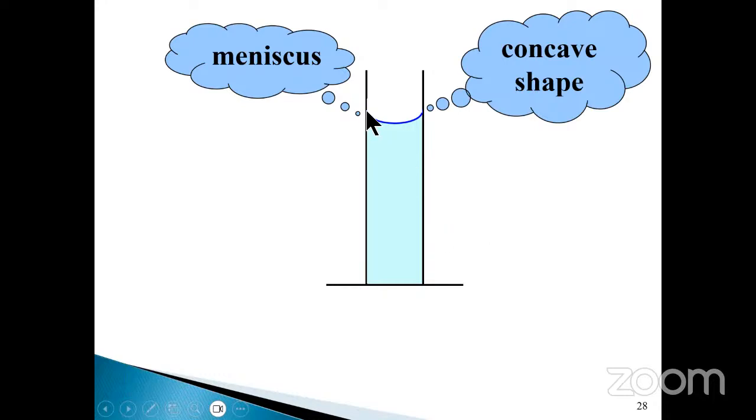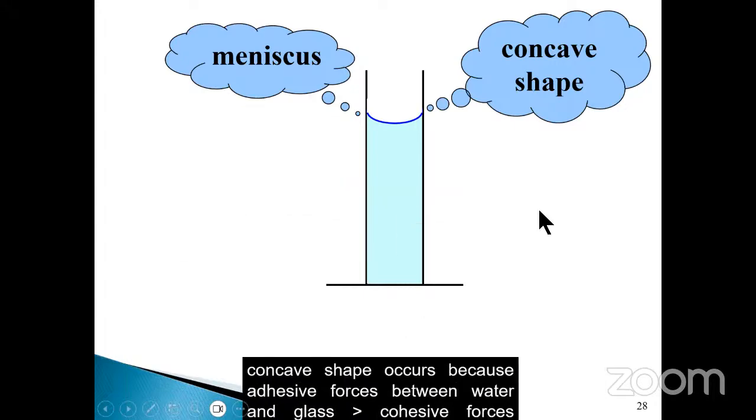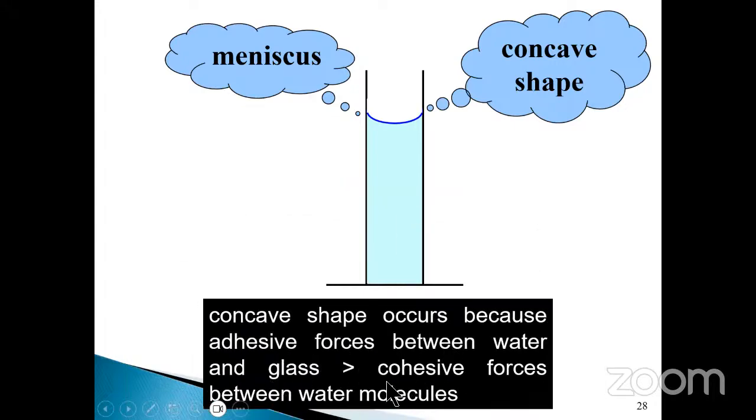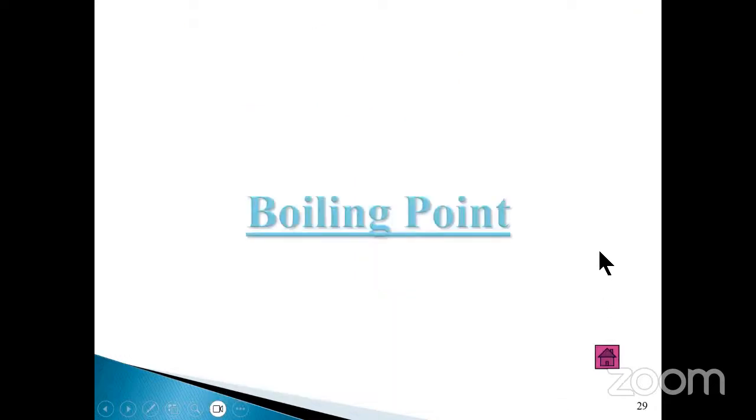So basically, this is as a result of the stronger attractive forces between the liquid molecules and the walls of the tube, compared to the cohesive forces that exist between the molecules, all right? So as stated here, the adhesive forces are greater than the cohesive forces between the water molecules, all right?